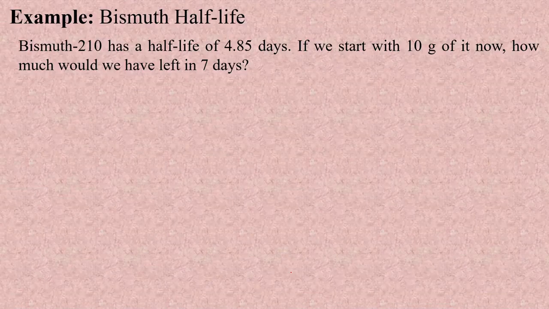Now we are going to solve a problem here. So the problem is bismuth 210 has a half-life of 4.85 days. If we start with 10 gram of it, how much would you have left in 7 days?